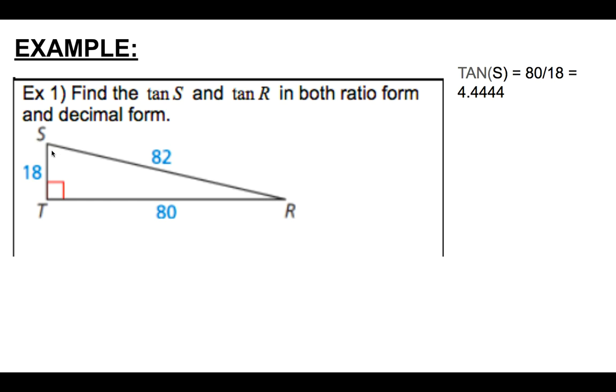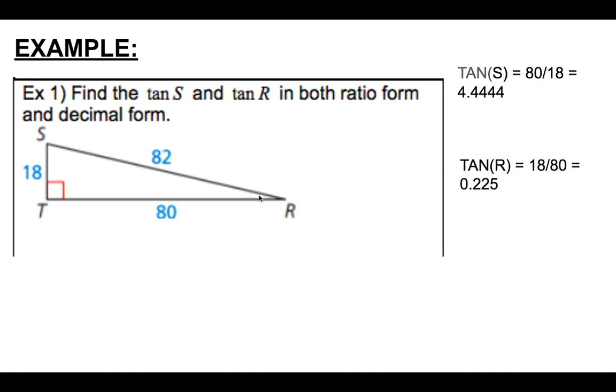So if my theta is here, that means adjacent is going to be the 18 and the opposite is going to be 80, because remember, right angle points to the hypotenuse. So tangent S is opposite over adjacent, so it's going to be 80 over 18. And if you just type into your calculator 80 divided by 18, you're going to get 4.4444.